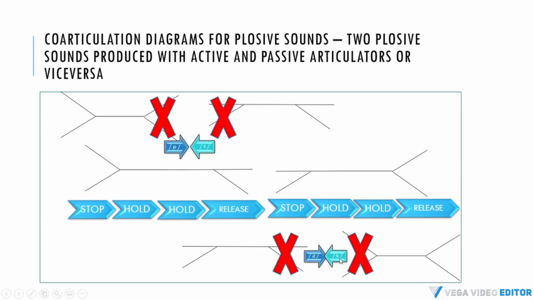But since the next plosive sound has another point of articulation, the back part of the tongue is going to obstruct the passage of the air also, at the velum, and then the release of both articulators is going to produce a release. But remember that the sound that is affected mainly is the first plosive sound, in this case d.